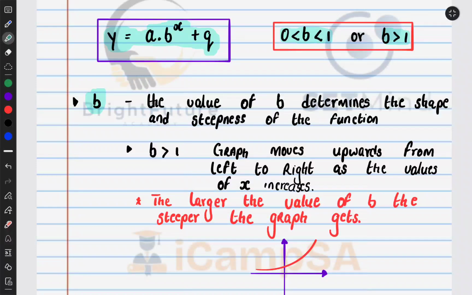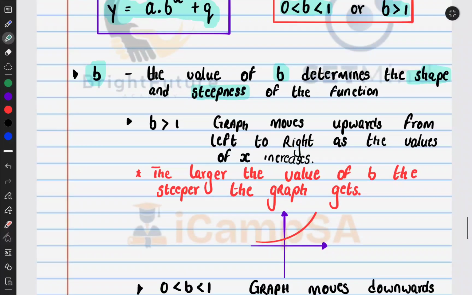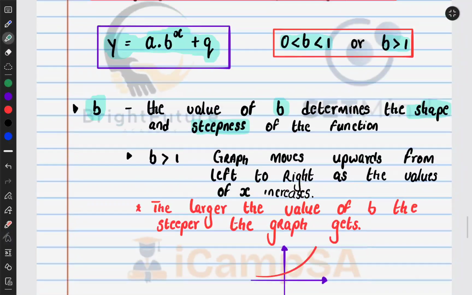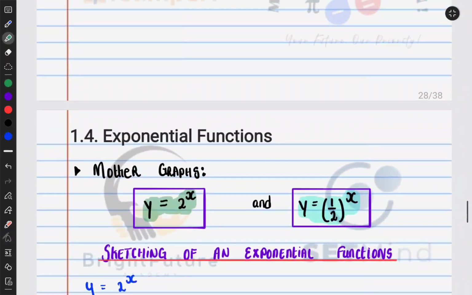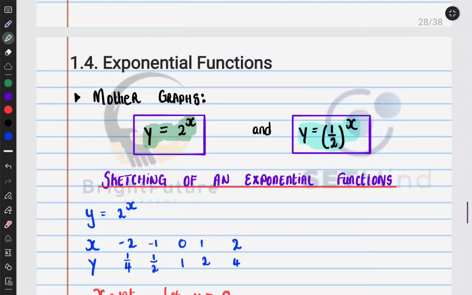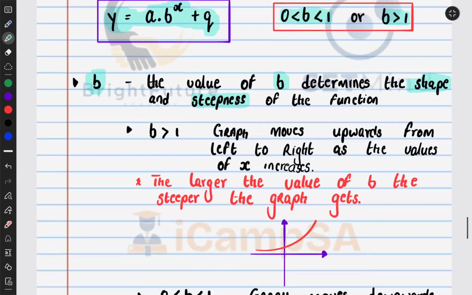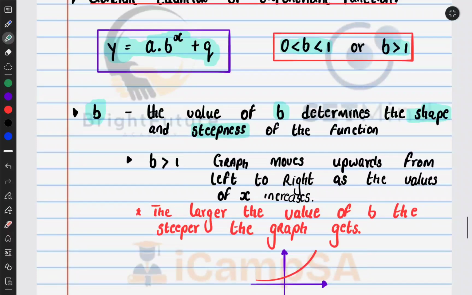For the first function, where b is greater than 1, this is the function that we first plotted, y is equal to 2 to the power of x. That is when b is greater than 1.